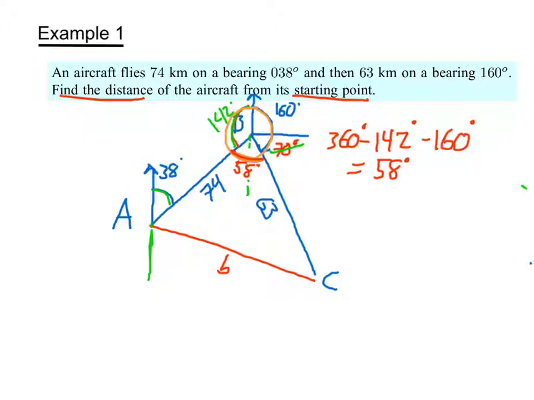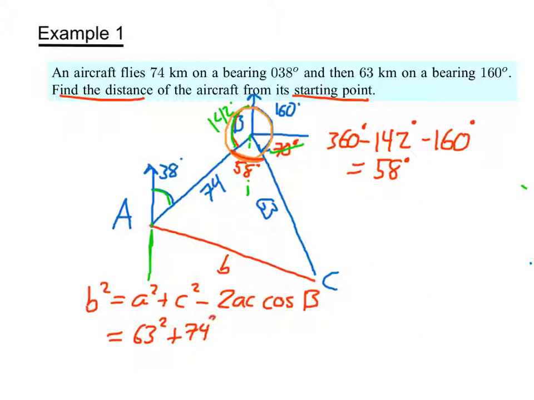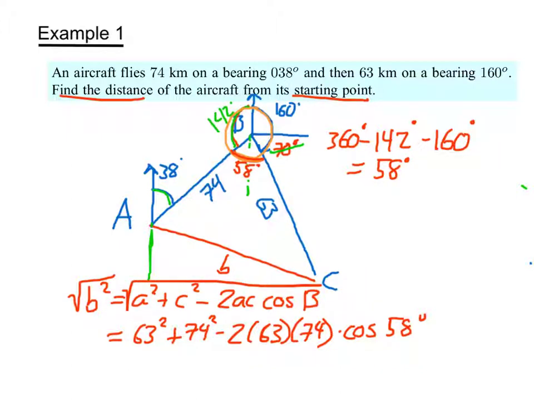So I'm going to use the cosine rule here. b squared equals a squared plus c squared minus 2ac cosine of angle B. Well, if I plug in the numbers, I have 63 squared plus 74 squared minus 2 times 63 times 74 times the cosine of 58 degrees. And remember, I need to take the square root of all of this because I'm trying to find b, not b squared.